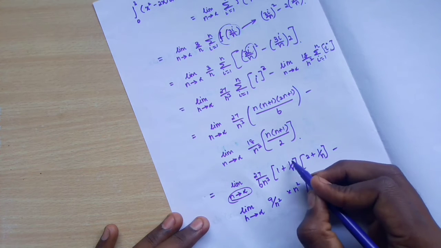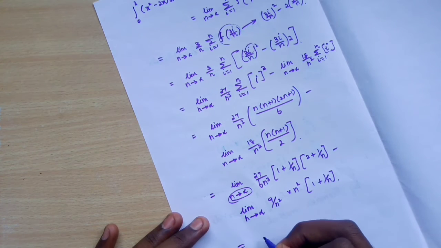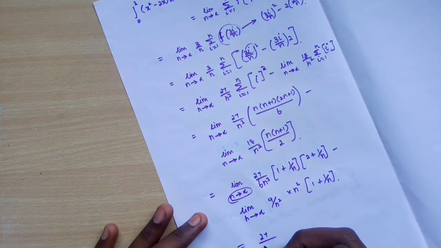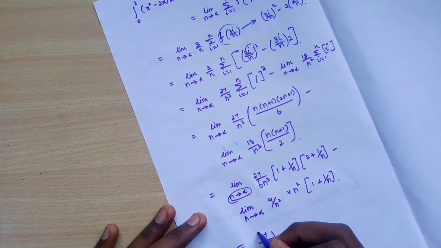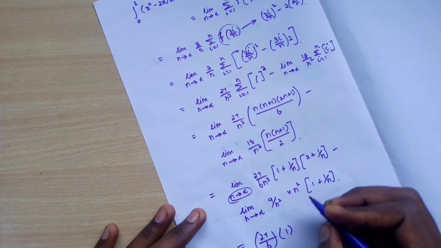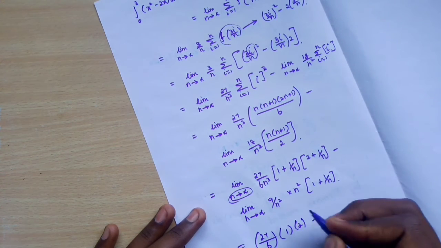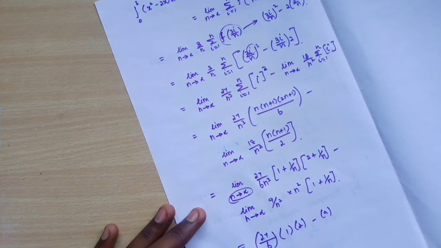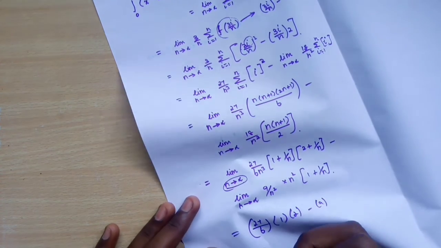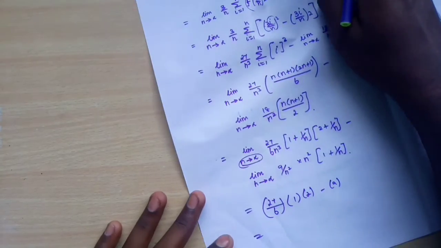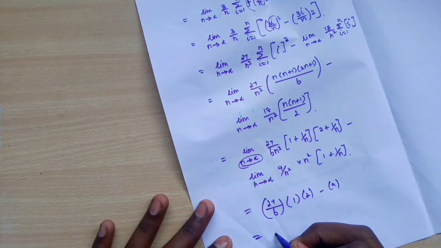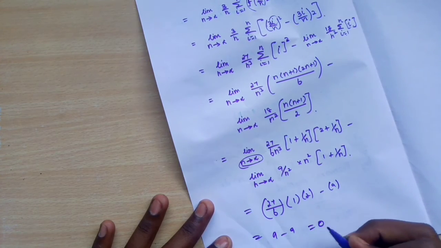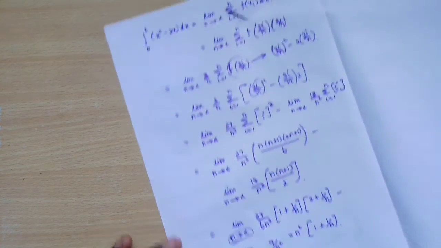When n is infinity, 1 by infinity is 0, therefore we get 27 by 6 into 1 into 2 minus 9. Therefore the answer is 9 minus 9, which is 0. This is the answer.